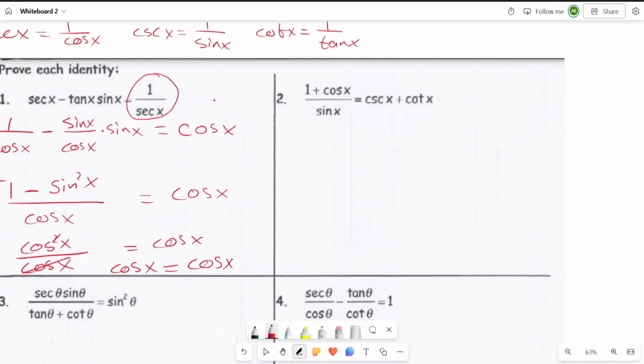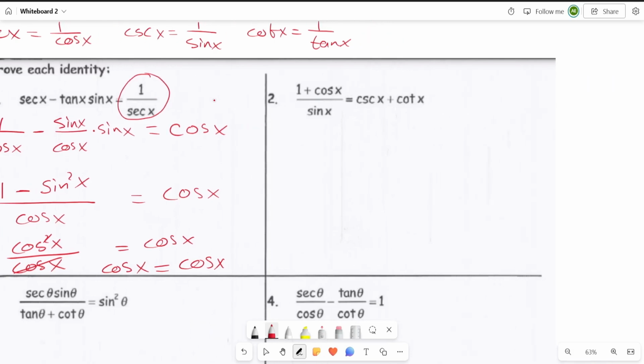So let's move on to the next one. Okay, so let's rewrite this. And again let's change these into the sine and cosine form. Okay, so we have 1 plus cosine x over sine x equals, okay, I know that cosecant is 1 over sine x, and I know that cotangent is 1 over tan x.